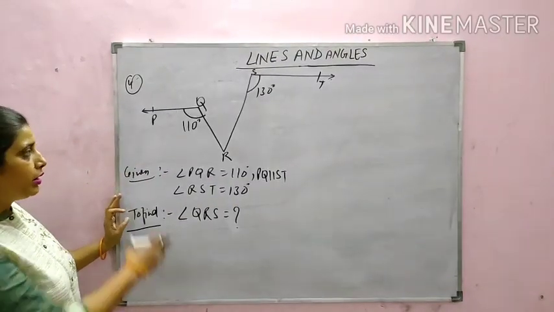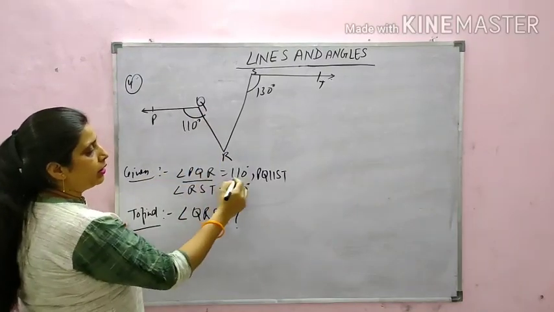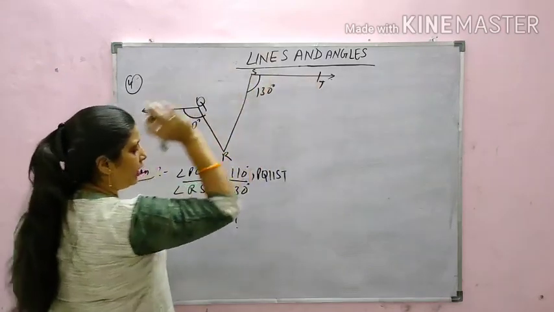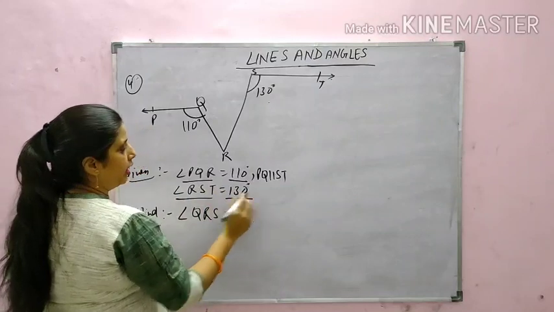Now in this question, as the figure shows, angle PQR is 110 degrees, PQ is parallel to ST and angle RST is 130 degrees.